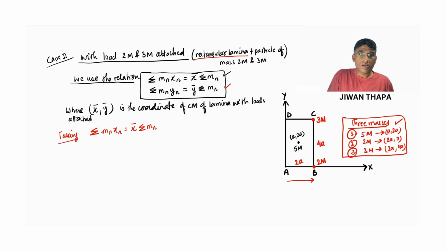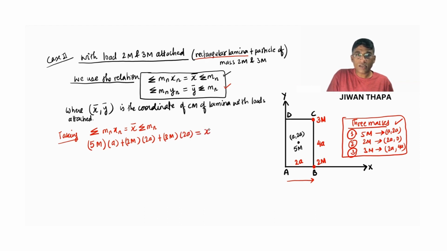Now, 5m times its x coordinate a, plus 2m times its x coordinate 2a, plus mass 3m and its x coordinate 2a.